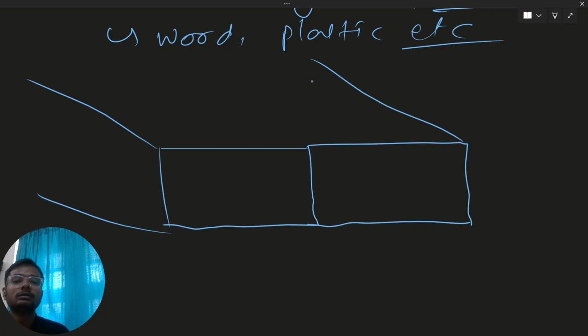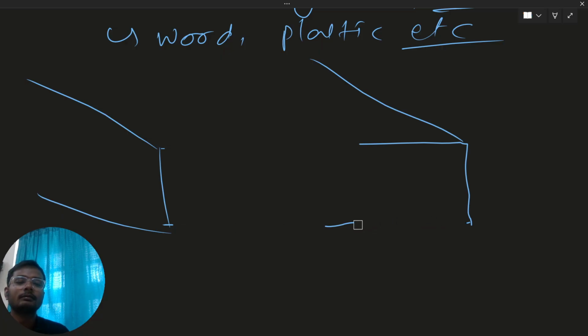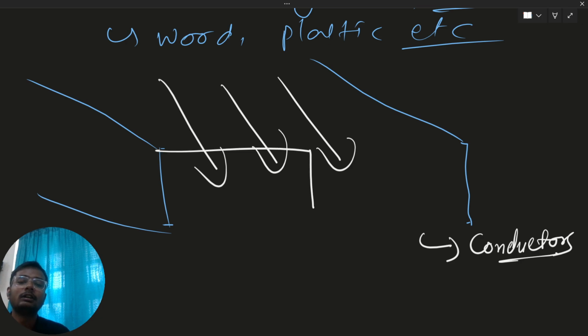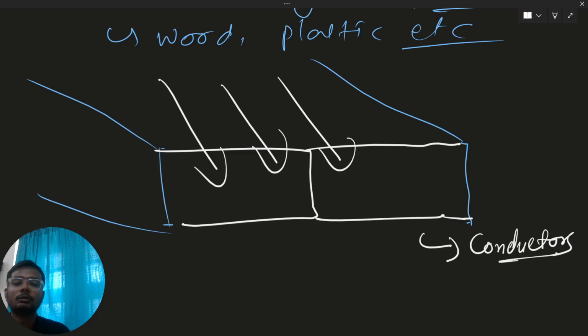Now assume when all the gates are completely open, then all the students can go through it easily. So is it somehow related to the concept of conductors? They allow all the electrons to pass through it. Now if both the gates are closed, the students cannot pass through the gate. So that is somewhere related to the concept of insulator.